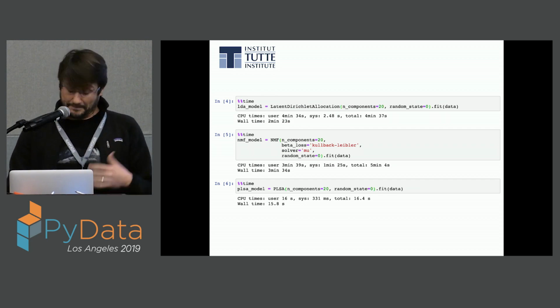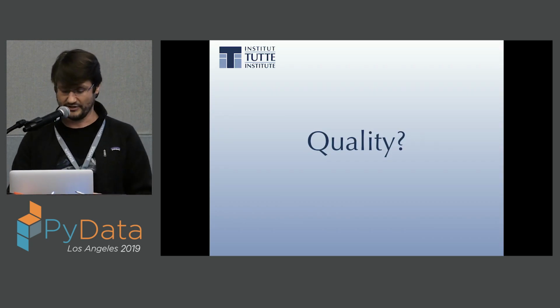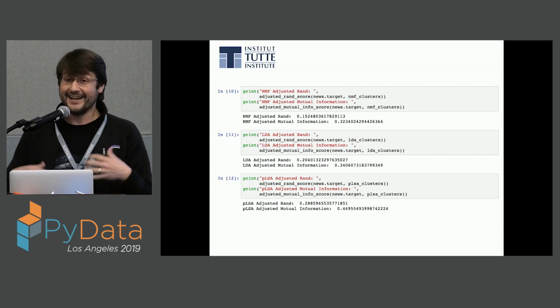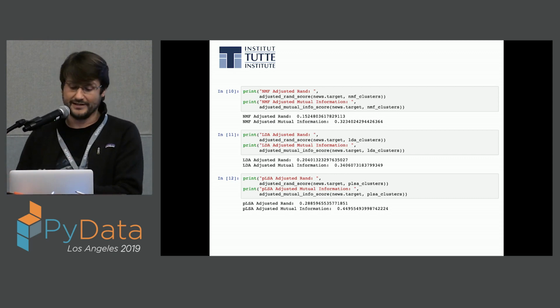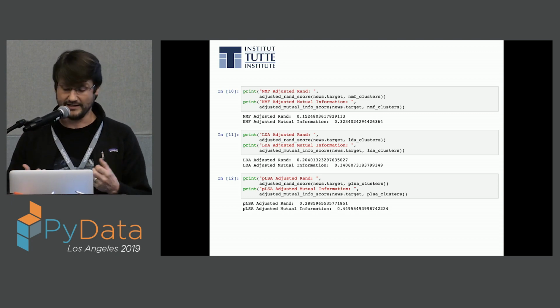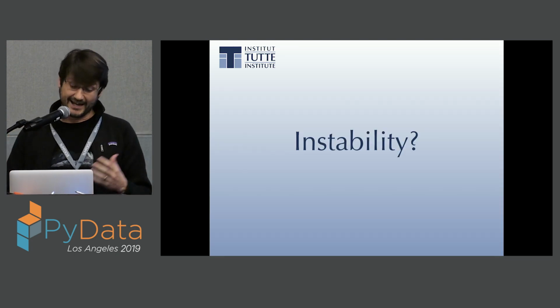So I'm probably just cheating, right? Because I did something very fast and it's garbage. But it turns out that if you measure the results, it actually performs better at modeling these documents than either NMF or LDA. So PLSA is a good way to go, but it's unstable.